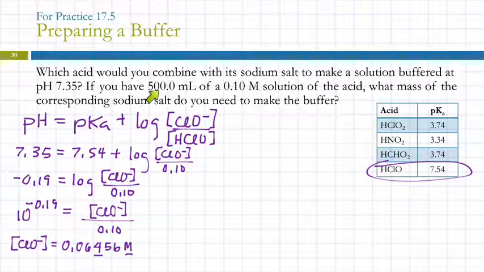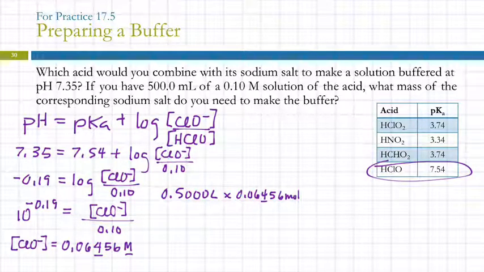So I want 500 milliliters of 0.0645. So 0.5000 liters times that concentration. And this is a place where you definitely want to keep a couple of extra significant figures to avoid rounding errors.